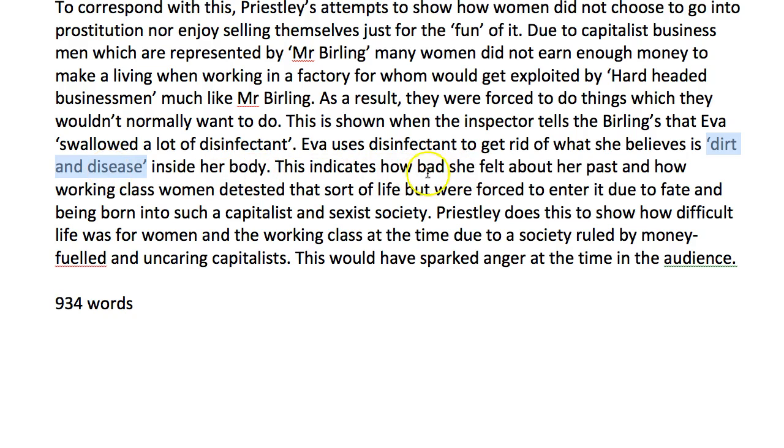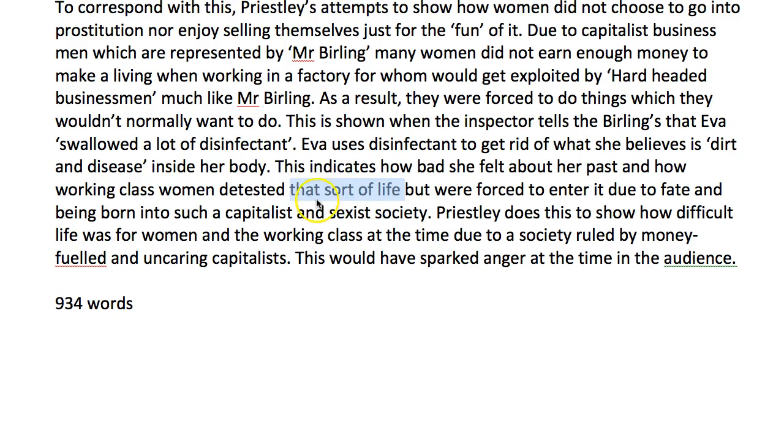This indicates how bad she felt about her past and how working class women detested that sort of life, but were forced to enter it due to fate and being born into such a capitalist and sexist society. So I think by that sort of life, you mean having to compromise on their morality and offer themselves sexually to richer men.